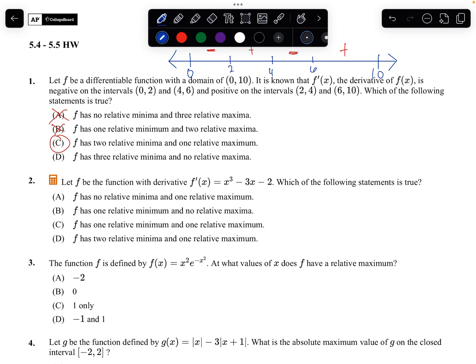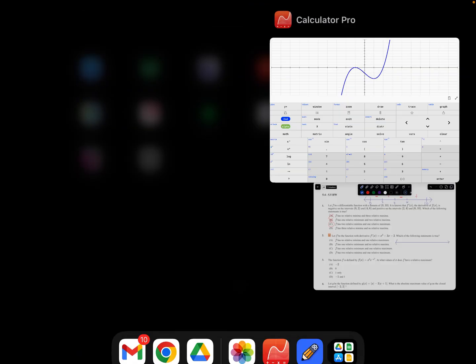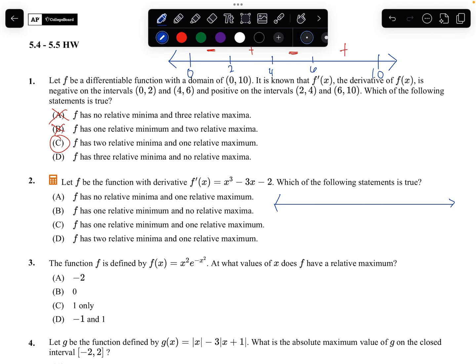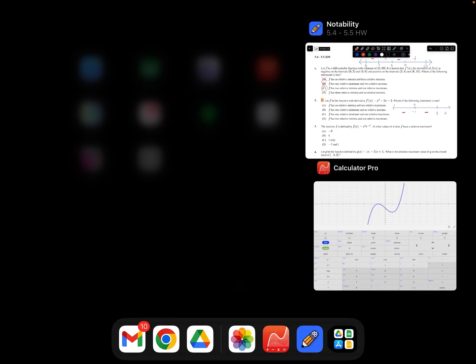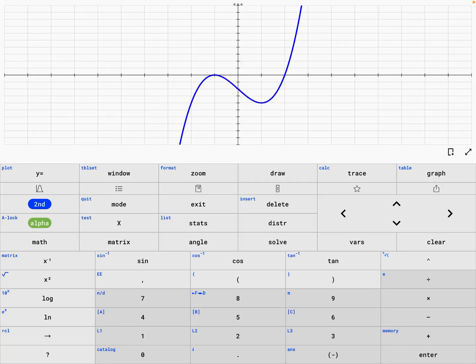So if I draw a number line here, it looks like at negative 1 and at 2, f prime is negative here, then it gets to 0, and then it's negative again, and then after 2 it's positive. So this is the graph of f prime.